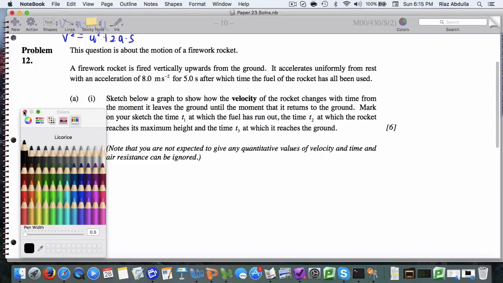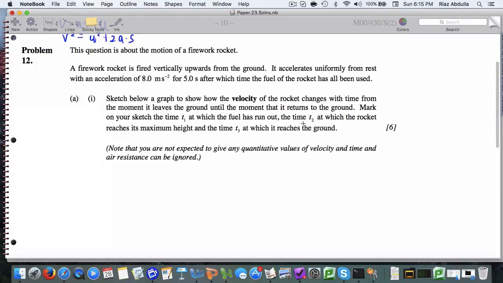So we have this rocket going for 5 seconds upwards at this acceleration. Then it continues to go a little bit higher up, and then it falls to the ground. So let's just kind of sketch what's going on. So the velocity in meters per second as a function of time in seconds.